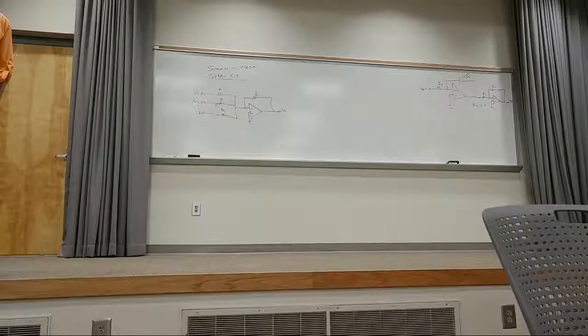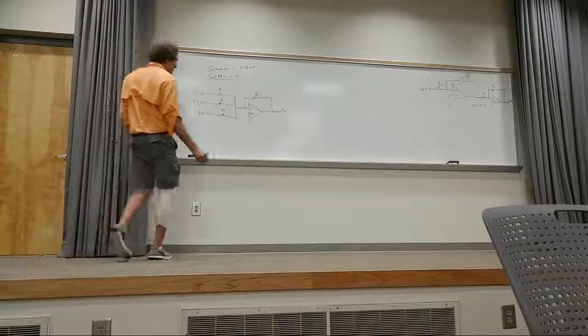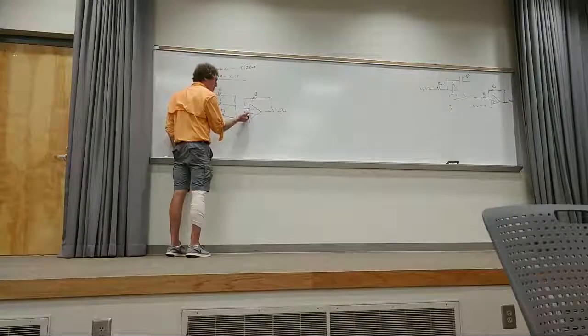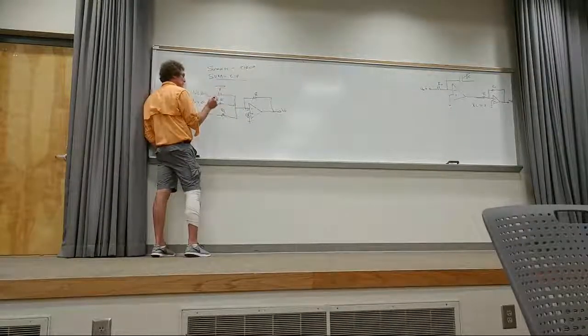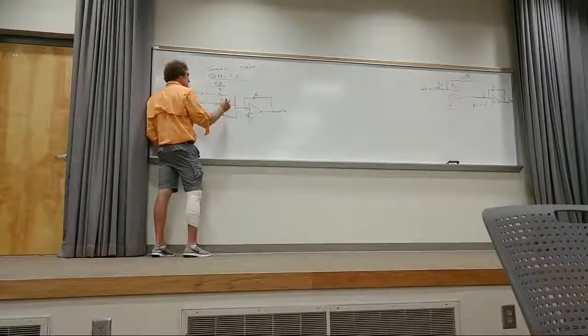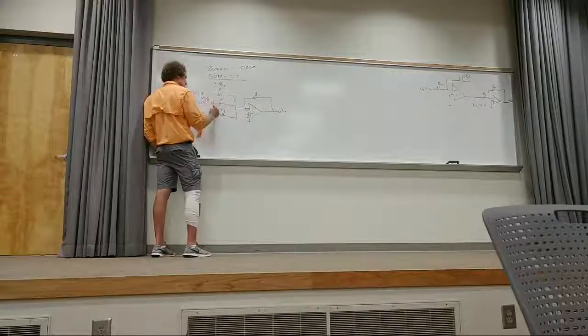Those are all the same. Are you ready? Now think about it. What's the voltage here? 0. What's the voltage here? 0. All right. How much current flows here on the first one? V1 over R. How much current flows in the second one? V2 over R. Third one?